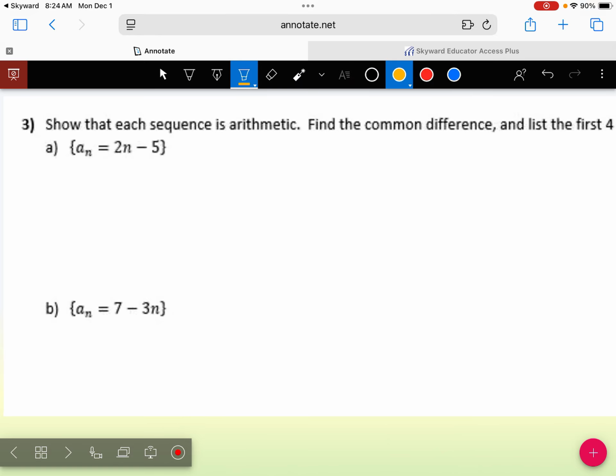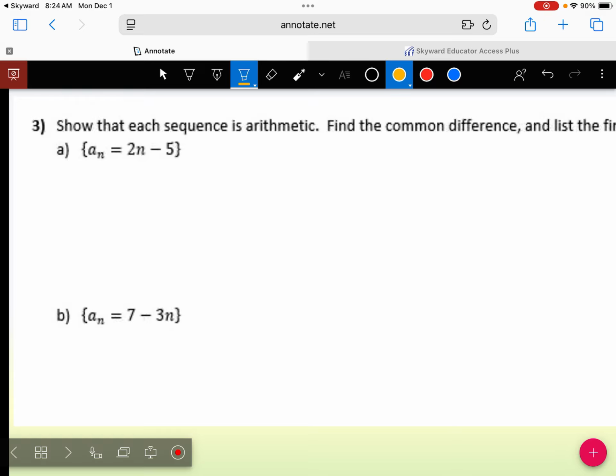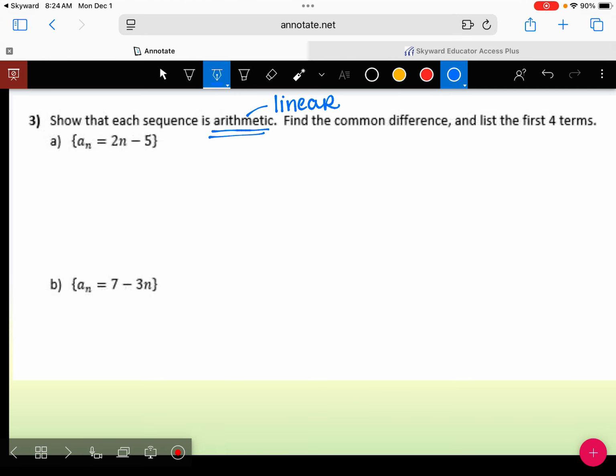So this is an arithmetic sequence, okay? Anytime it's arithmetic, this is a linear sequence. This is linear. So because it's linear, you can also write it in slope-intercept form.